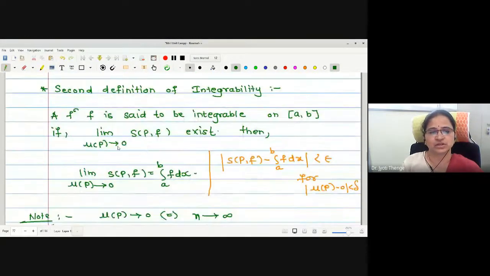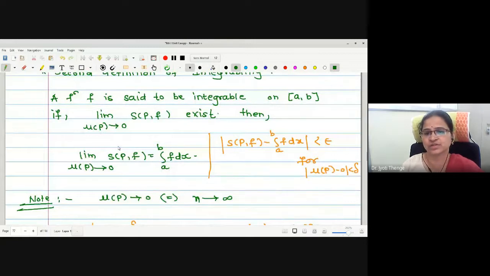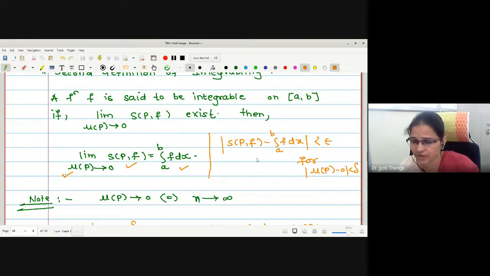Here it is, the definition, right? Now, look at this definition. What the definition says is limit mu p tends to 0 of SPF is the integration. And if we write this in epsilon delta notation, this condition mu p tends to 0 we write as a condition on the partition: norm P minus 0 less than delta.